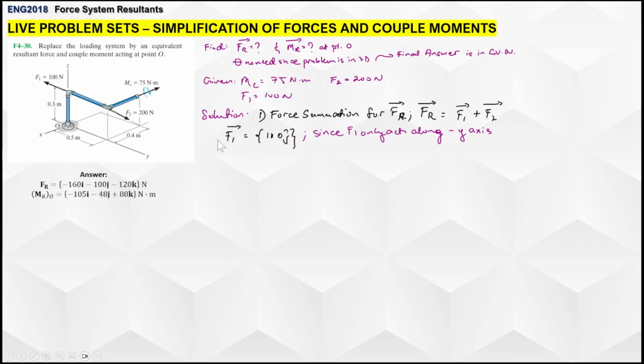F2 acts on more than two planes. There we go. So for F2, we still have to figure out its position vector, and fortunately, it's just acting on this particular plane.